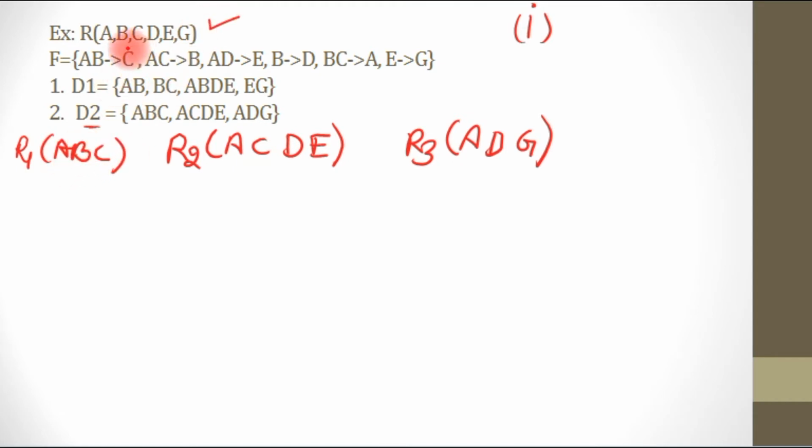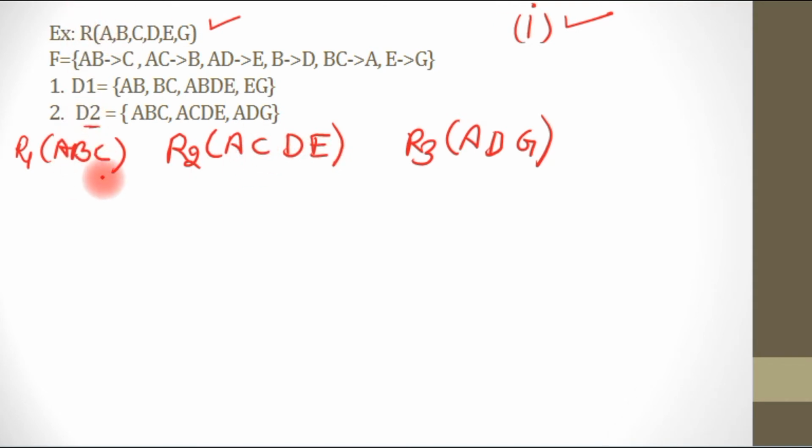So here we have six attributes A, B, C, D, E, G. So first condition is checked. Yes, all the attributes of the original relation are covered by these subrelations.